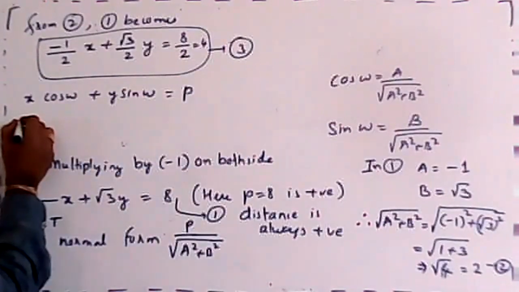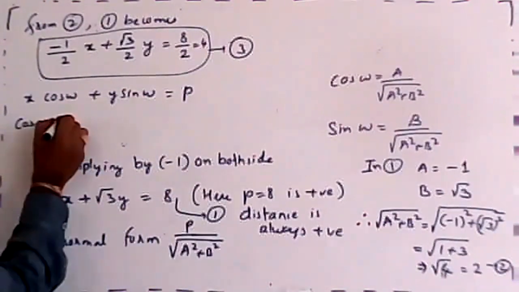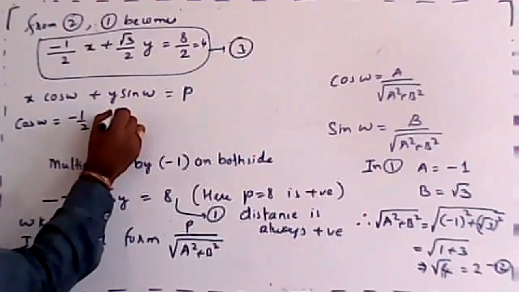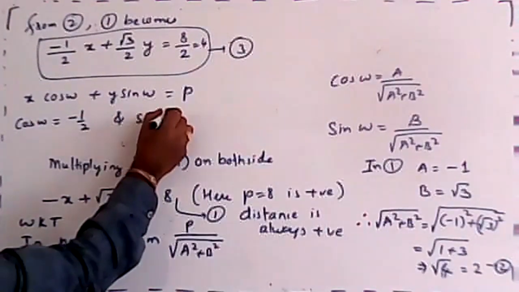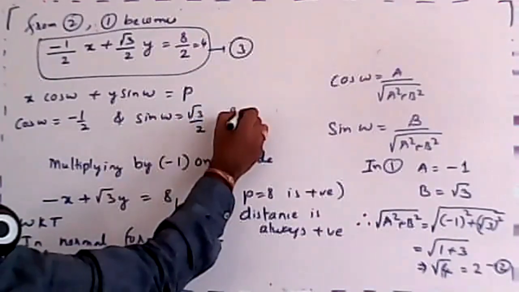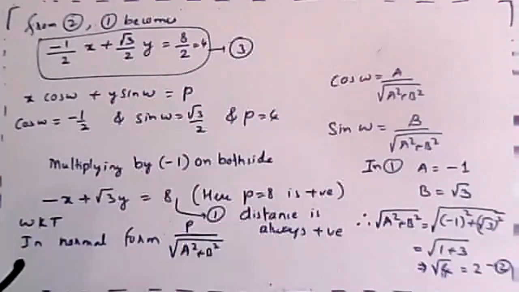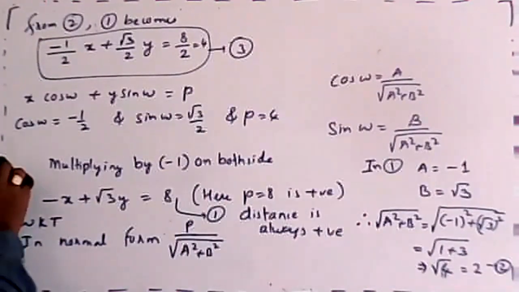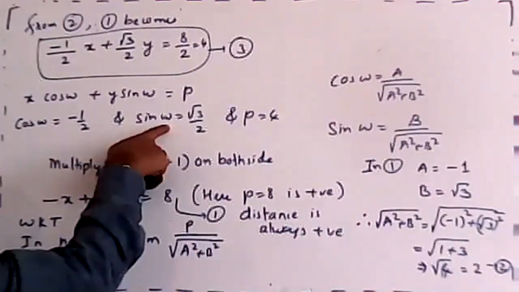And cos omega is equal to minus 1 by 2, and sin omega is equal to root 3 by 2, right? And p is equal to 4, right? Not yet completed now. We have to find omega, right?